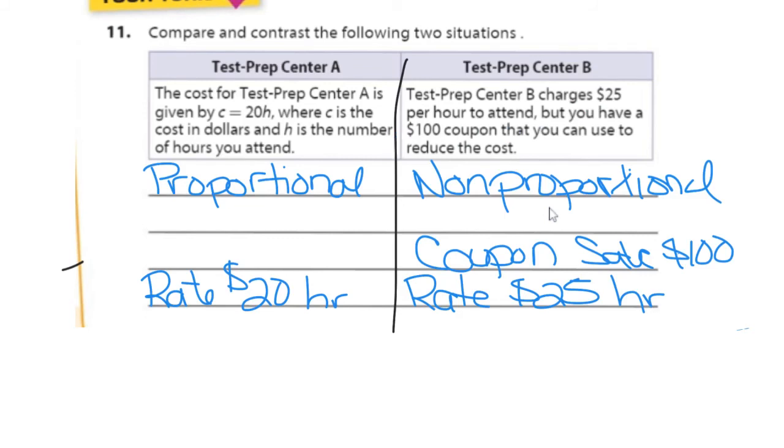So it's almost like the first 4 hours are free, because 25 times 4 is 100. There's a coupon to save $100, and they don't have anything like that. Here, the rate is $20 an hour. This rate is $25 an hour. So Center B charges you more per hour, but they do give you $100 savings.